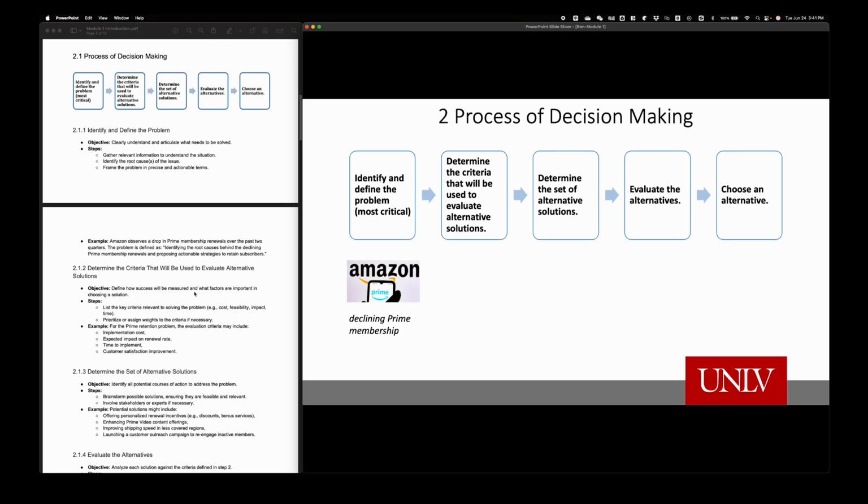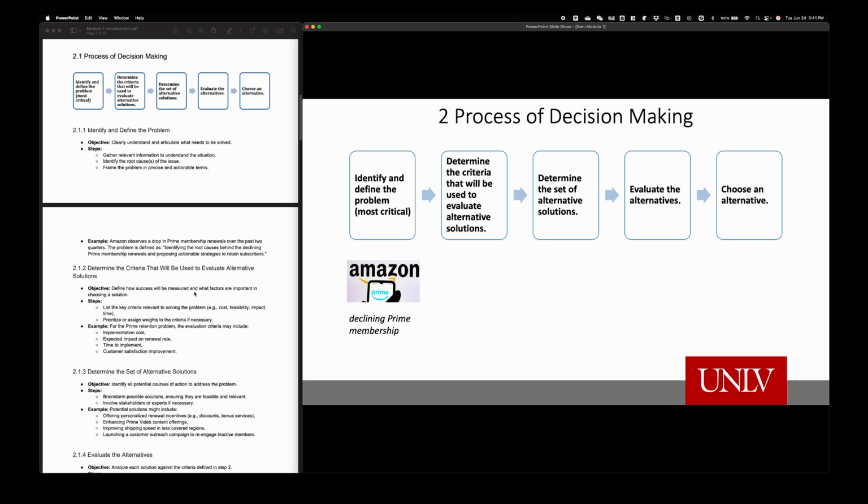To address this, they first gathered relevant data: renewal trends, customer feedback, and usage statistics. After analyzing, they framed the problem as identifying the root causes behind decreasing Prime membership renewals and finding actionable strategies to improve retention.